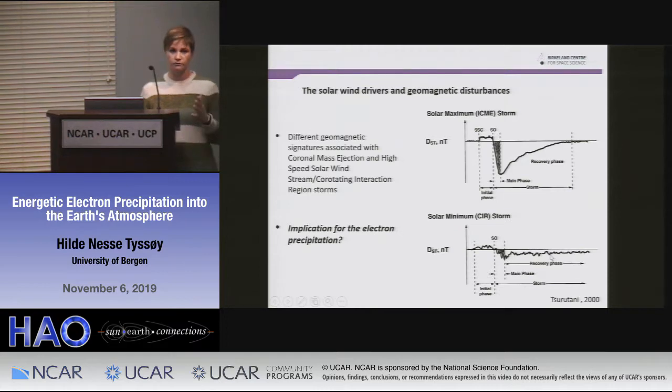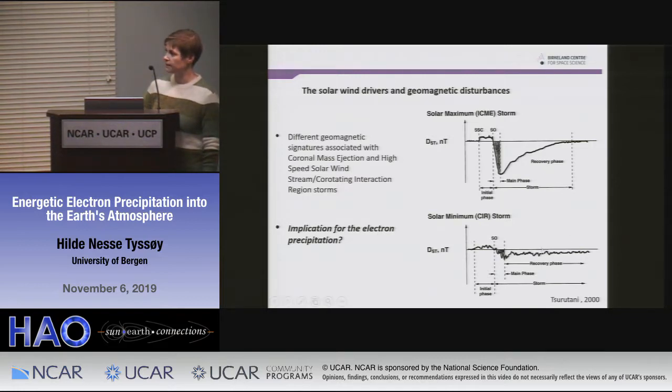And the literature says that a lot of the particles, the electrons, especially the relativistic ones, come in the recovery phase of the storm, when the geomagnetic signature is quite weak. So how is that?